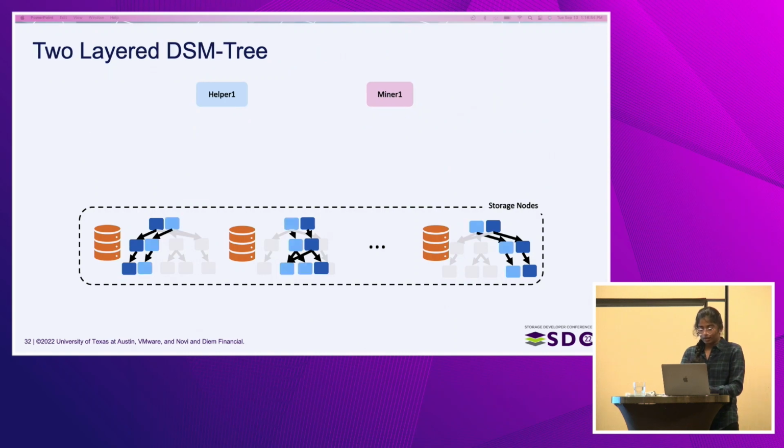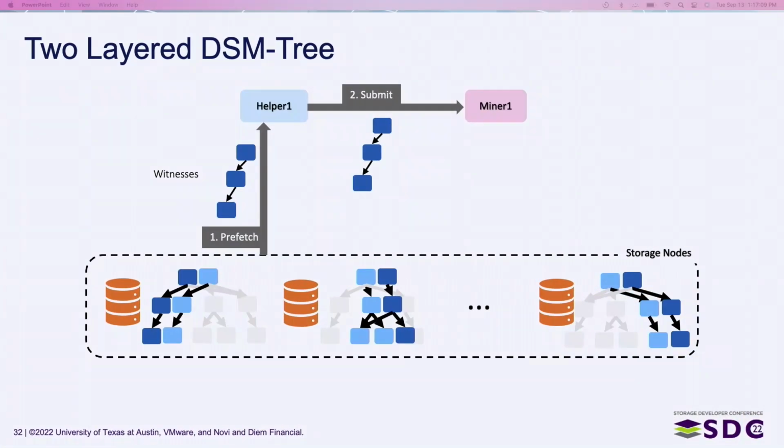Recall that I/O helpers may also prefetch full paths of the Merkle tree, called witnesses, and submit full paths to the miners along with transactions. However, in RainBlock, we allow miners to cache the top layer of the DSM-TREE as a private in-memory cache.